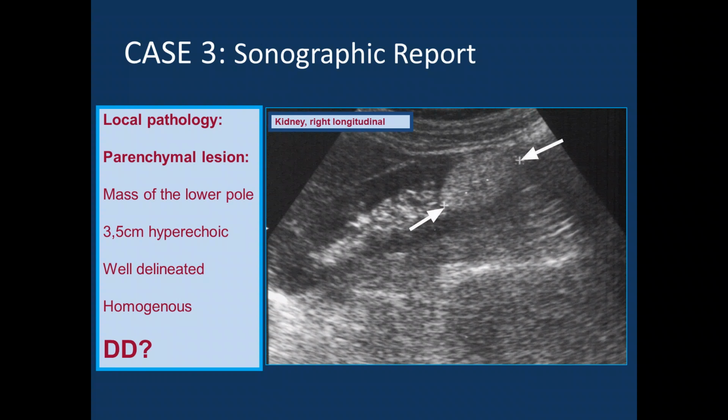Another suggestion is that it might be an abscess. Well, abscesses are not so homogeneous, not so well delineated, and rarely you would expect a hyperechogenic abscess. Would you both comment this as an inflammatory lesion here?